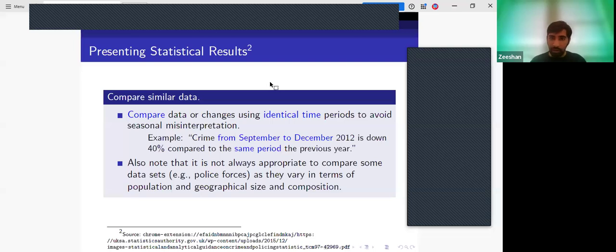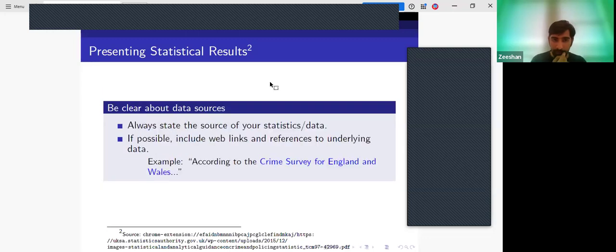You can compare, but there is no point in comparing in terms of explaining those findings, right? So this is another point that you, as a researcher, should keep in mind when you present your statistical results.